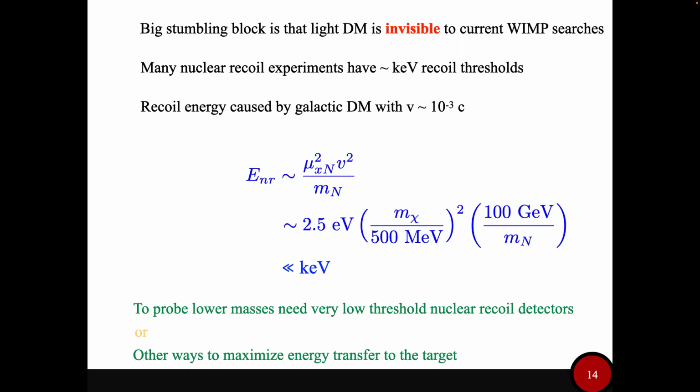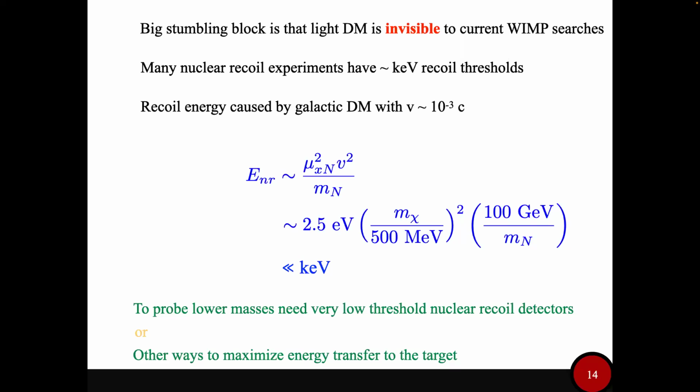And what I find is that if I have a 500 MeV dark matter hitting a xenon nucleus, which is roughly 100 GeV, I get about 2.5 eV of energy. It's like a ping pong ball hitting a bowling ball. It's going to recoil, I'm just not going to see it, right? And so this is well below the keV recoil energies that are required by those experiments, and this is why we have that cut. Now, to probe these lower masses, either I have to find a way to deal with these backgrounds, or look somewhere else.